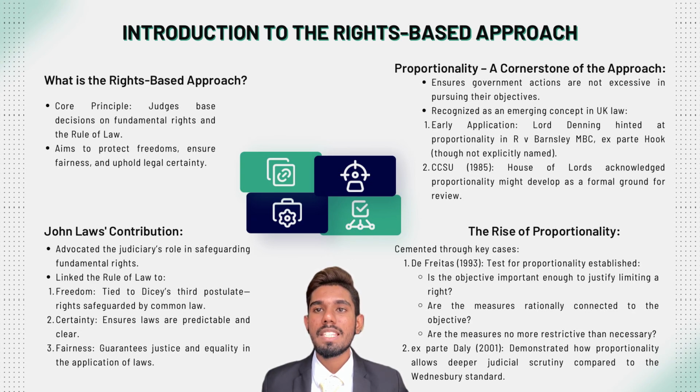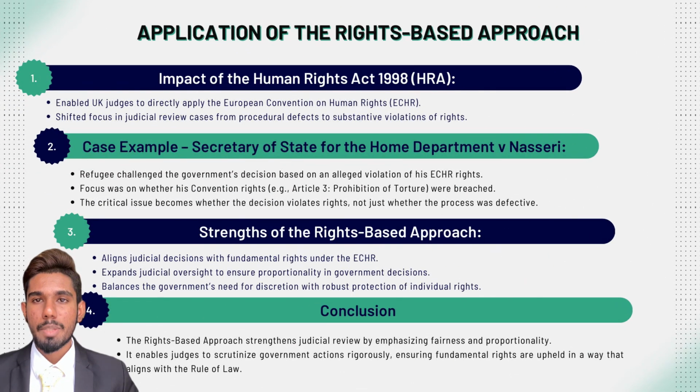Furthermore, in CCSU, the House of Lords accepted that proportionality might emerge as a further ground for review. This eventually happened with the test of proportionality established in De Freitas and applied in Ex parte Daly. This expands the grounds for judicial review beyond the traditional Wednesbury unreasonableness.